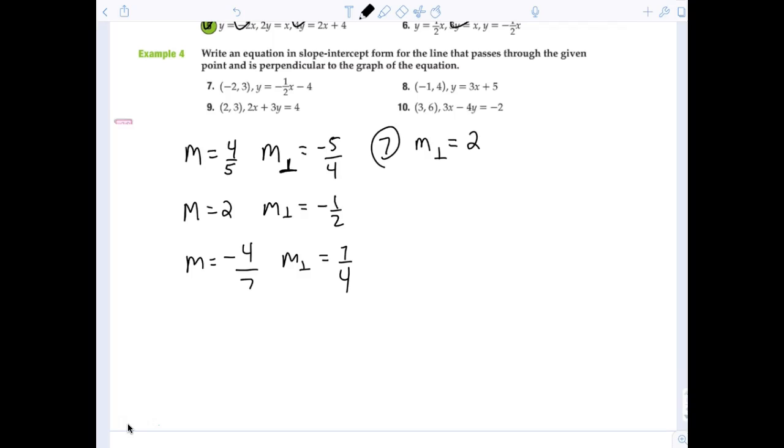Slope of the perpendicular would be 2/1, or we could just write 2. And it passes through what point? Oh, I'm sorry. I'm looking at the wrong one. Looking at number 8. So we're on number 7. It should be the point -2, 3. Is everybody with me now?